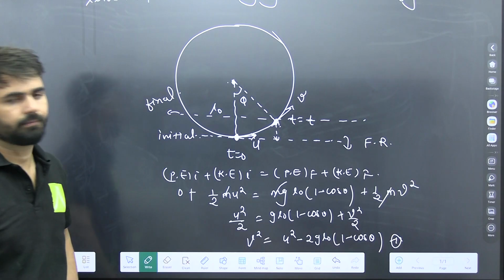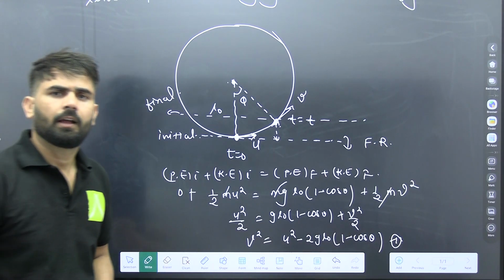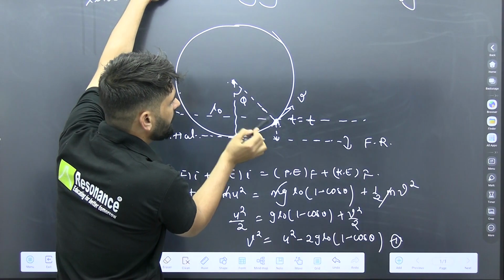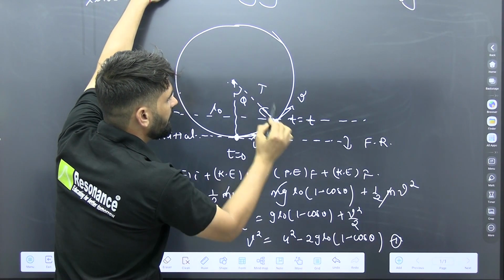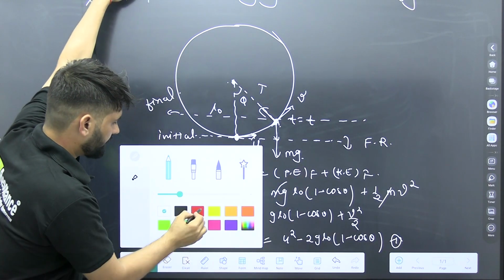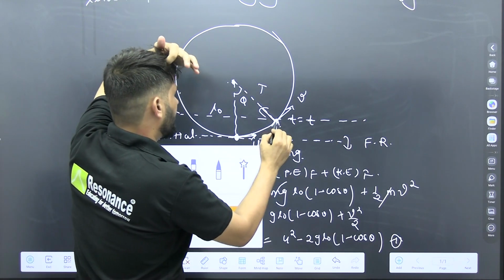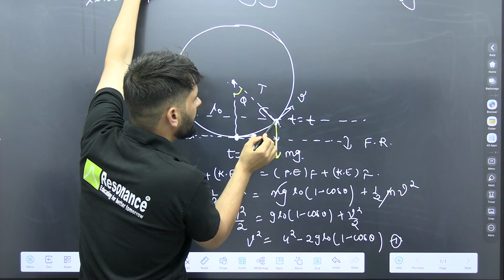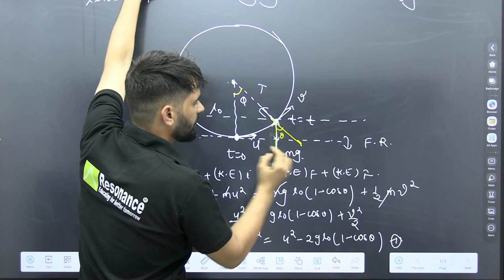Question number 1. Okay. Then try to figure out the tension force at that point. Let's assume T, and gravity is acting downward, mg. This angle is theta, so this component is also theta.